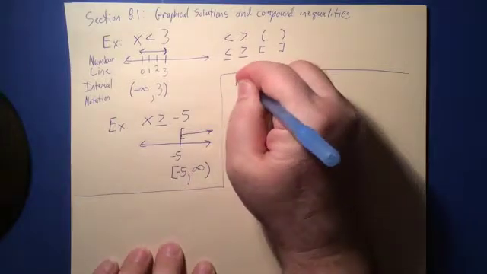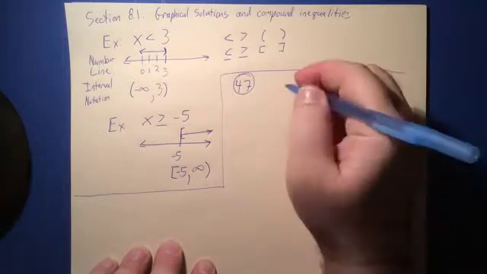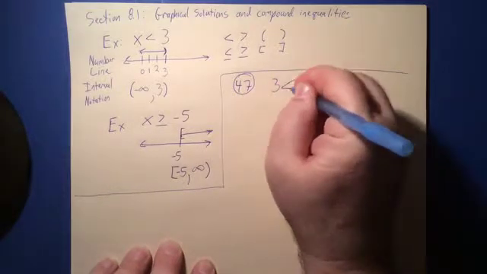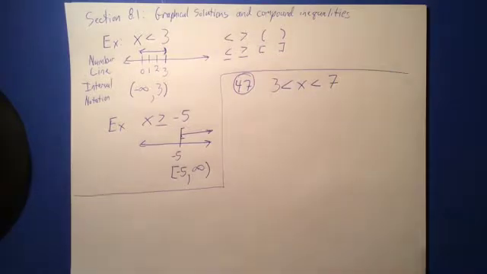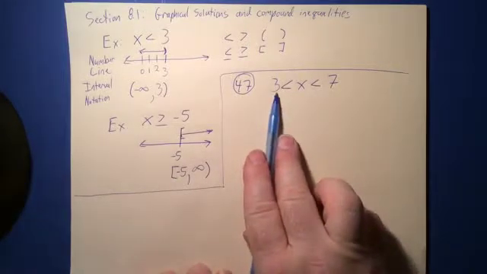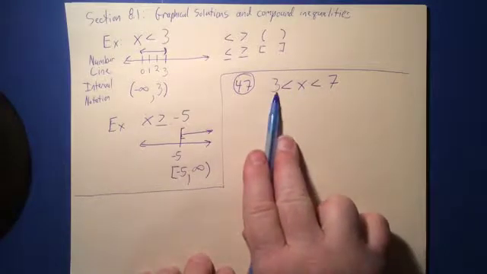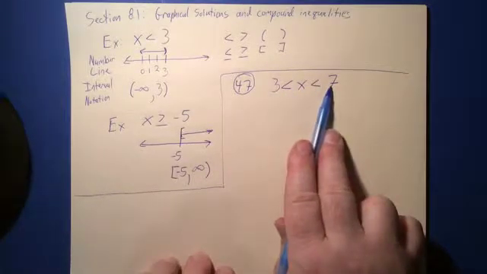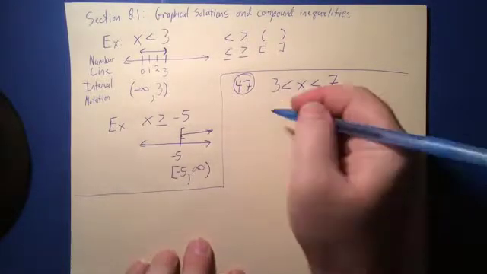This is going to be question 47. And this is going to be writing in interval notation the following. 3 is less than x, which is less than 7. So what we're first going to do is put this representation on a number line. Essentially, what is happening here is that x is between the value of 3 and 7.